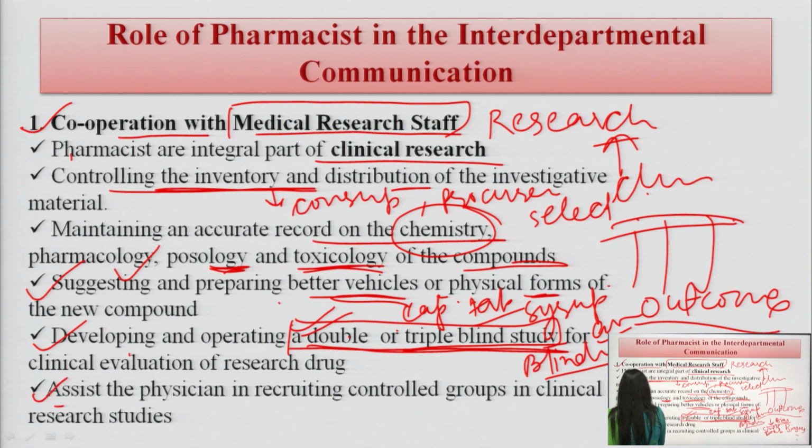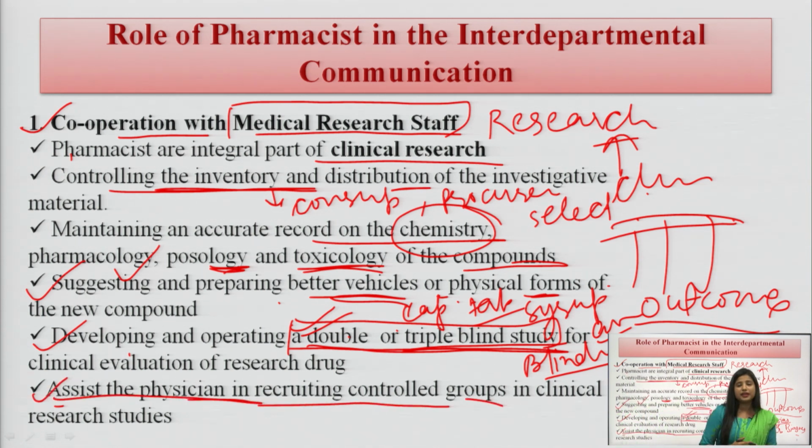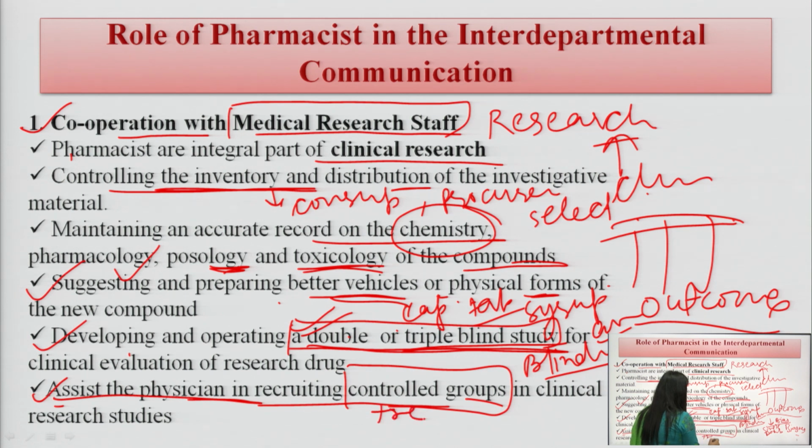Another, they are assisting the physician in recruiting control groups. Sometimes in clinical trials, there are two types of groups: one is the control group, another is the treatment group, because there is a comparison between these two groups.